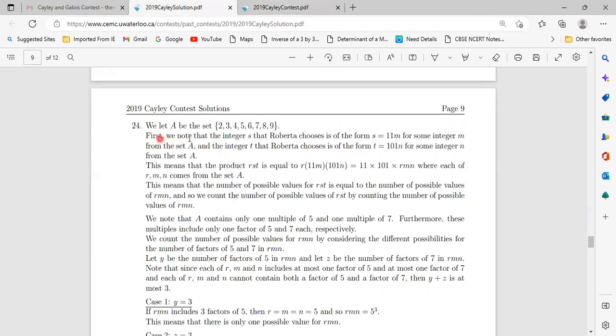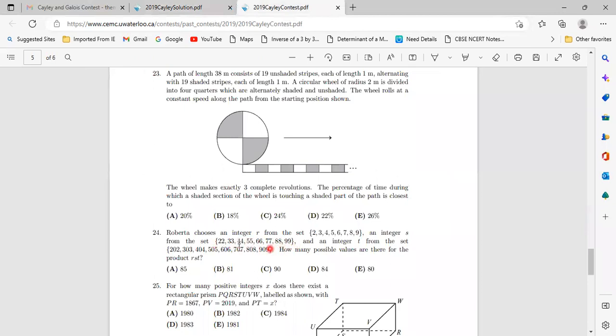So first we note that the integer S that Roberta chooses is of the form S is equal to 11m for some integer m from the set A, and the integer t that Roberta chooses is of the form t is equal to 101n for some integer n from the set A. Which means, if you notice the set S, it is a multiple of 11, right?